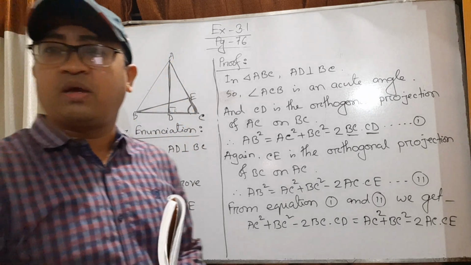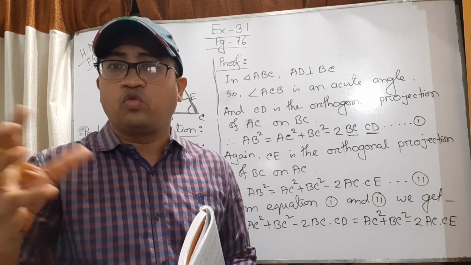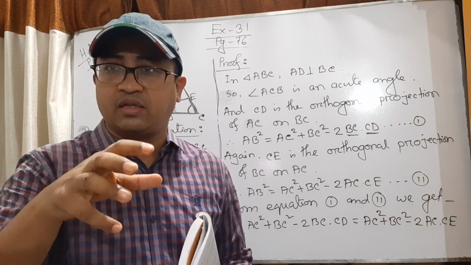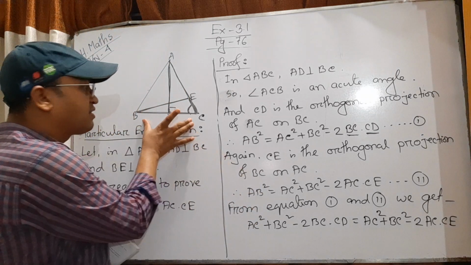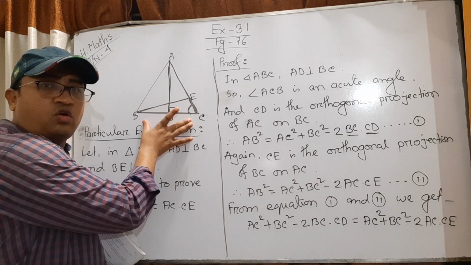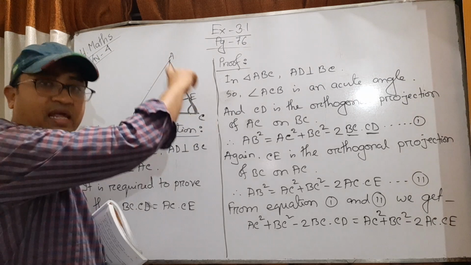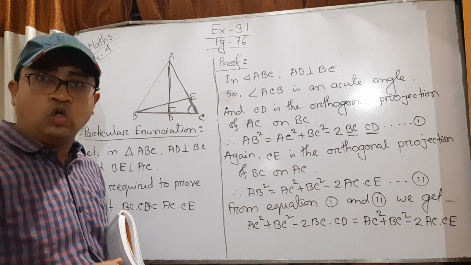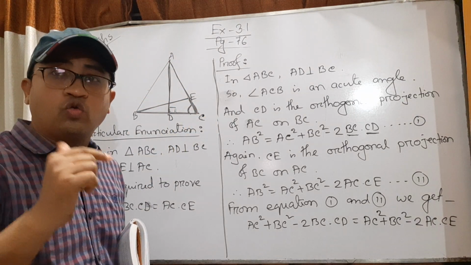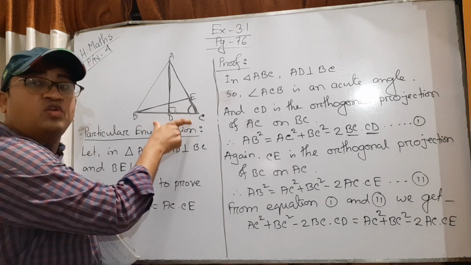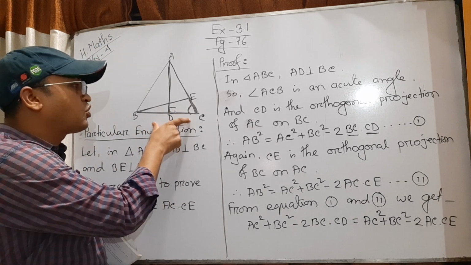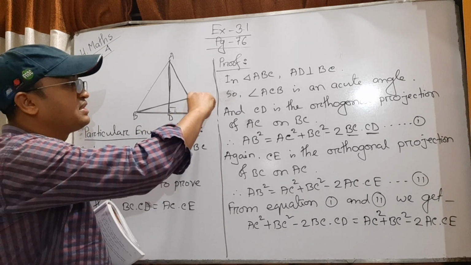Look, in theorem number 4, it is not mentioned which one will be the length and which one will be the breadth. We considered this as length, so the orthogonal projection of AC is the breadth. Now if I consider AC as the length, what will the breadth be? The orthogonal projection of BC will be the breadth. What is the orthogonal projection of BC? That is CE.